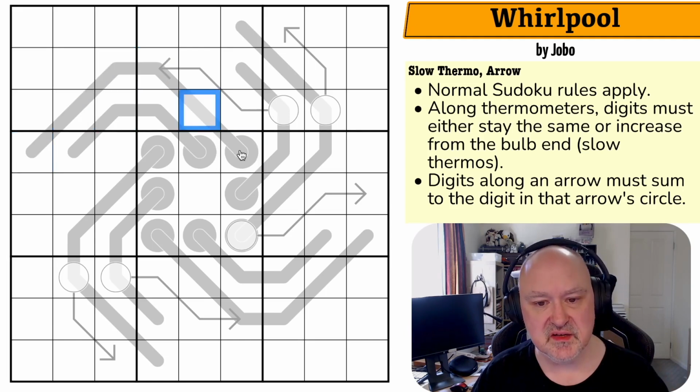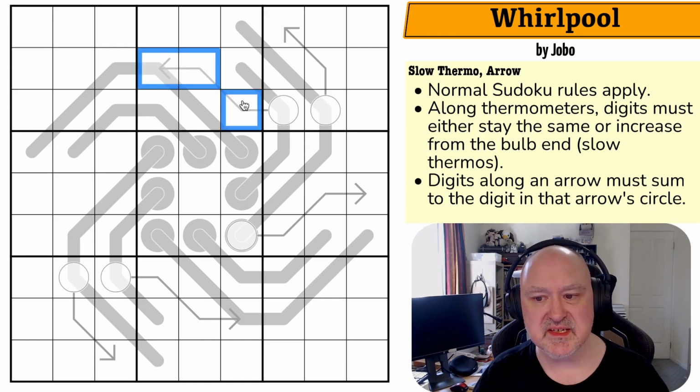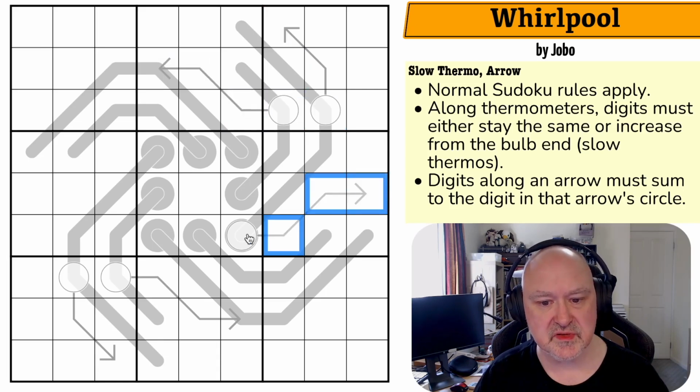So whatever this digit is, this digit must be either higher or the same. This digit must be either higher or the same. As you go along these lines, you can never decrease. That's the important thing. And then digits on an arrow must sum to the digit in the arrow circle. So the sum of those two cells goes there. The sum of these three cells goes here. The sum of these three cells goes here.